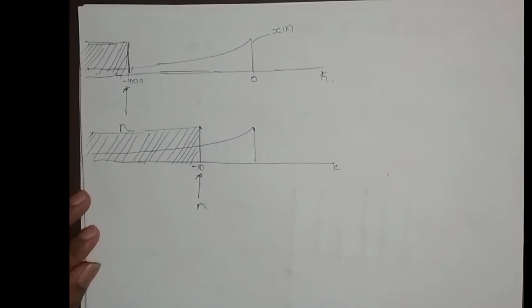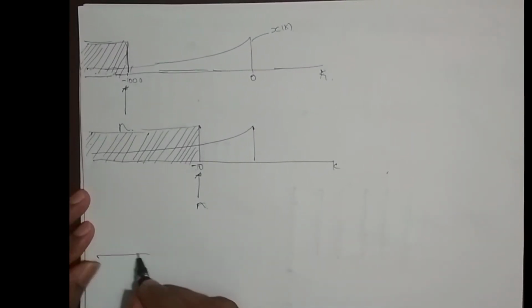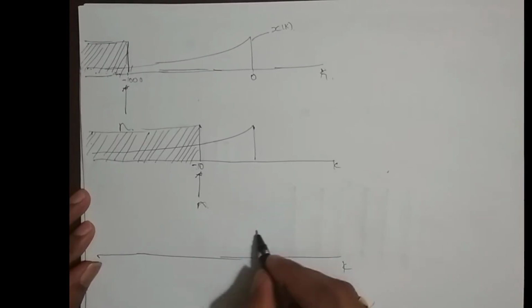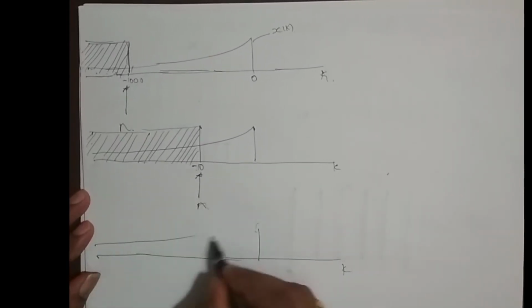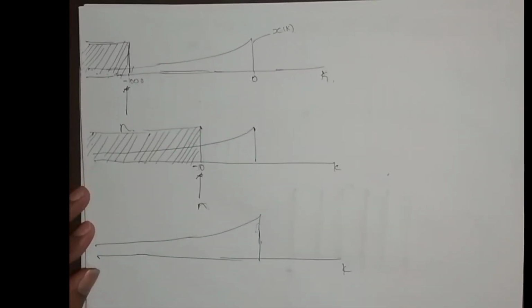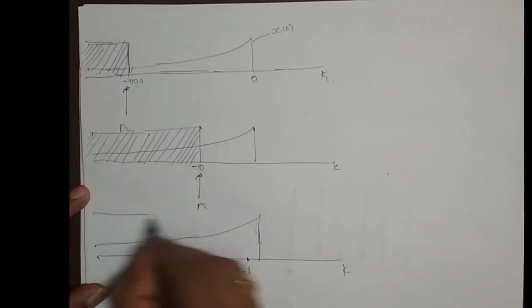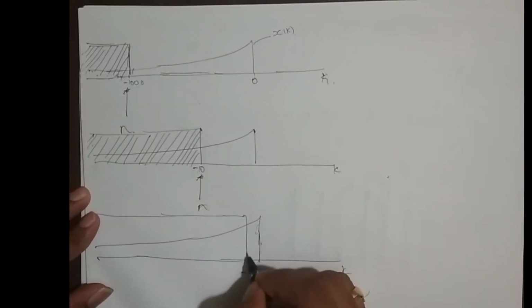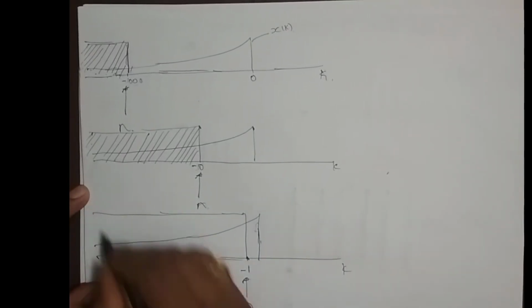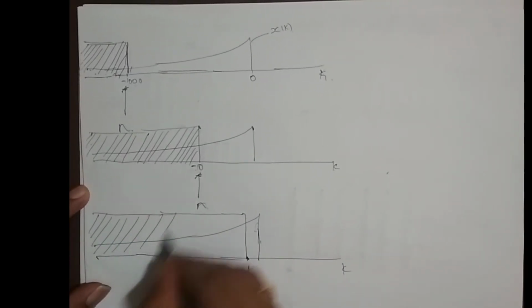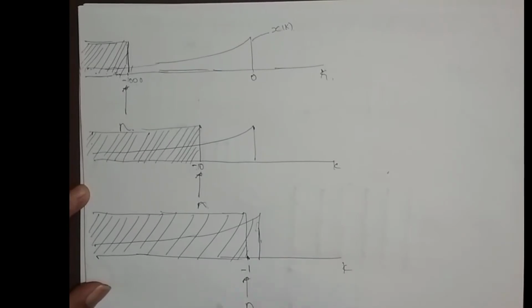Now if I still move it further right, so I move it to minus 1, so this is n, and the overlap portion is from minus infinity till minus 1, right?